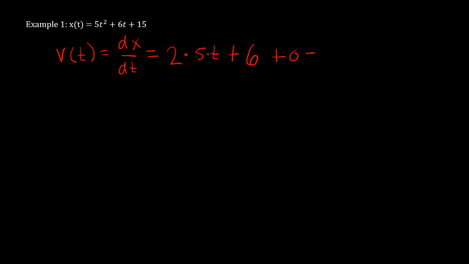To simplify that, it's 10t plus 6. Now acceleration is dv/dt. Similarly, using the power rule, we'll just get 10 plus 0. The acceleration is just 10.